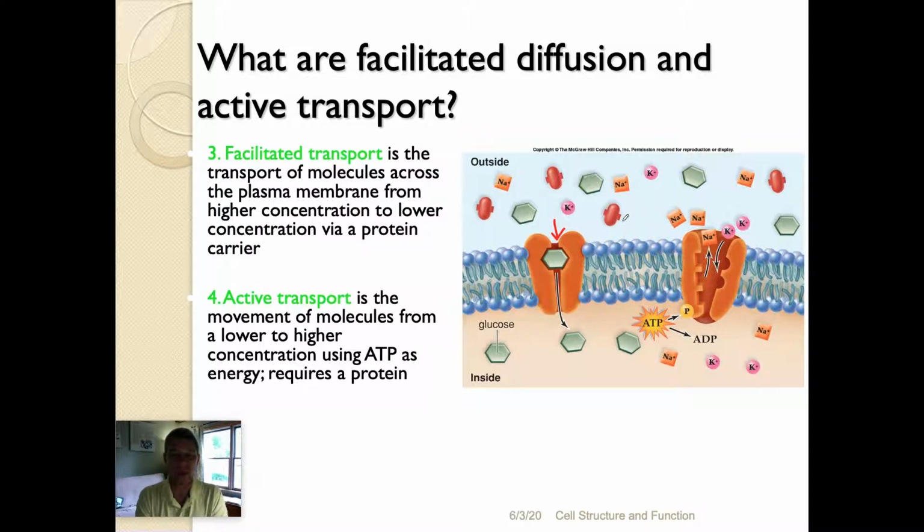This is the movement of molecules, now get this, from a lower concentration to a higher concentration. So we're going against the concentration gradient. And we have to use the energy carrier molecule, ATP, in order to make this work. This is illustrated on the right side of the screen.